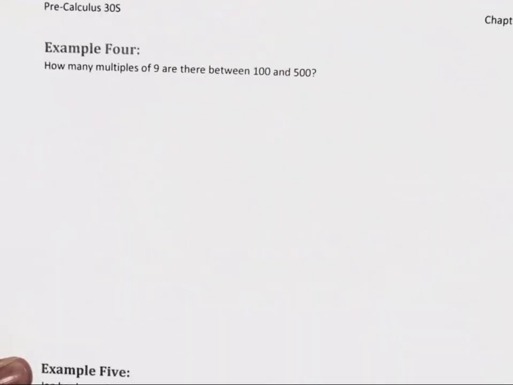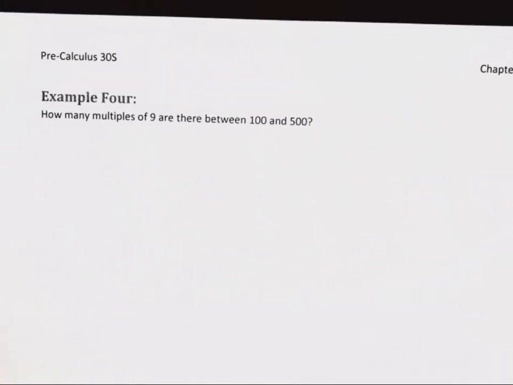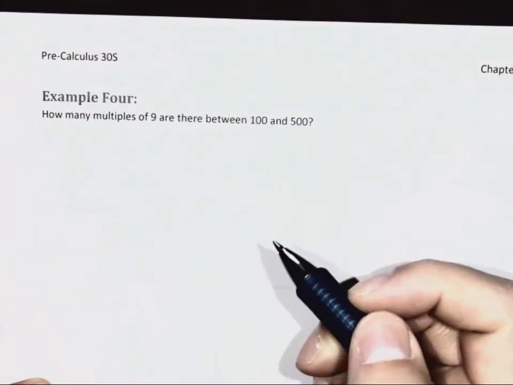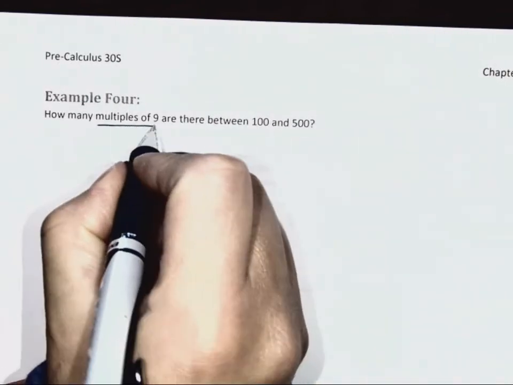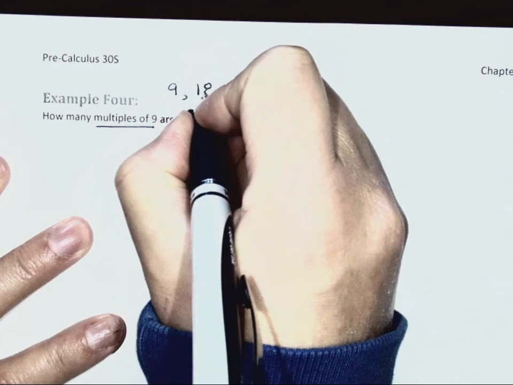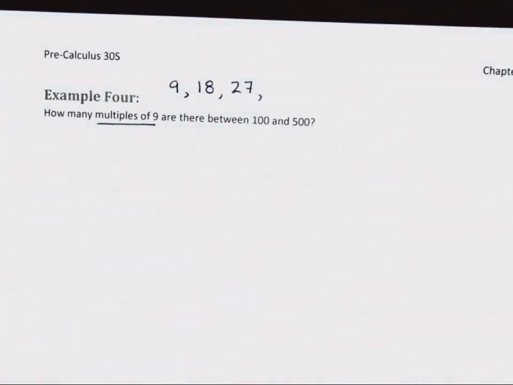Okay, how many multiples of 9 are there between 100 and 500? First of all, let's talk multiples of 9. Multiples of 9 are things like 9, 18, 27. They're 9 times 1, 9 times 2, 9 times 3.